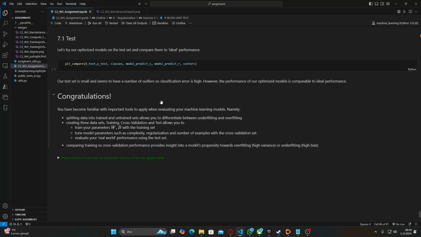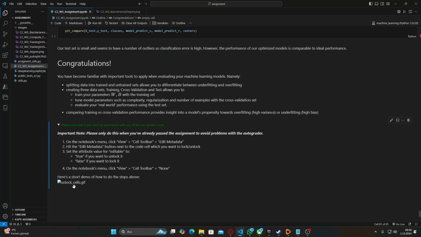Creating three datasets, training, cross-validation, and test, allows you to train your parameters W and B with the training set, tune model parameters such as complexity and regularization with the cross-validation set, and evaluate your real-world performance using the test set. Comparing training versus cross-validation performance provides insight into a model's propensity towards overfitting, high variance, or underfitting, high bias. Want to experiment with ungraded code?